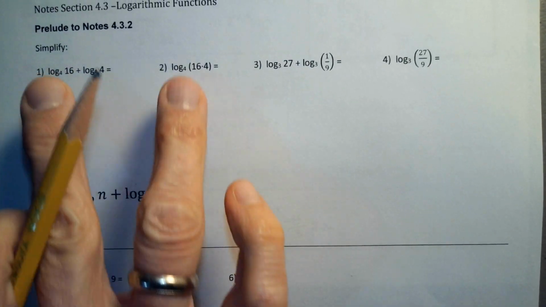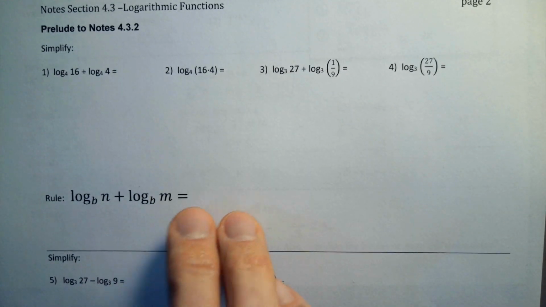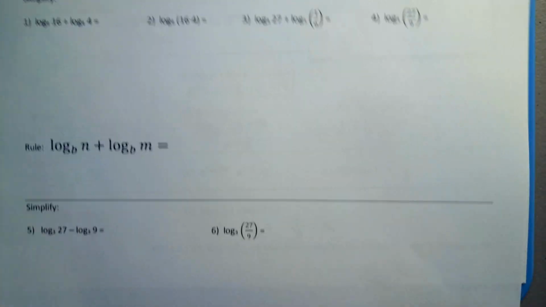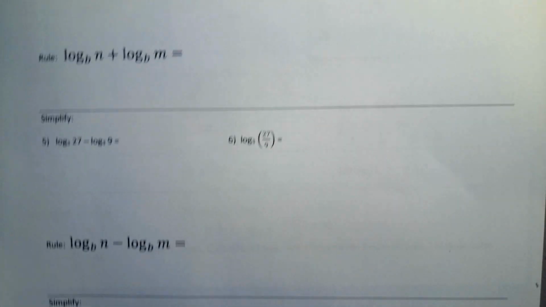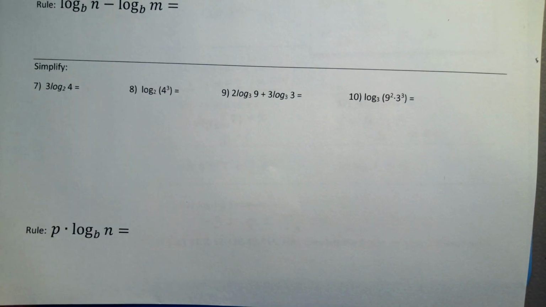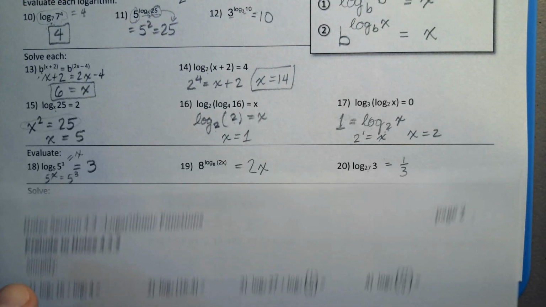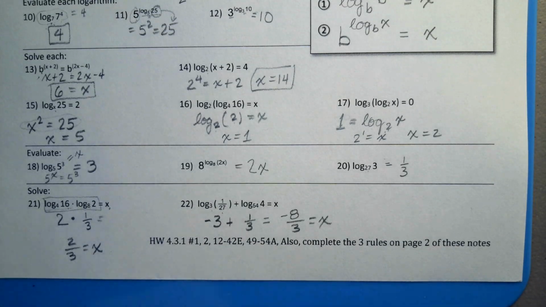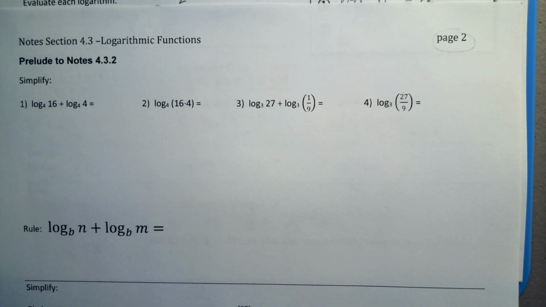What could I do with that? And these examples are kind of geared to help you visualize that. So work through page 2 of these notes. I'll do them on the next video, but before that video, go ahead and do this homework, but then also work at filling out page 2 of the next page of notes.